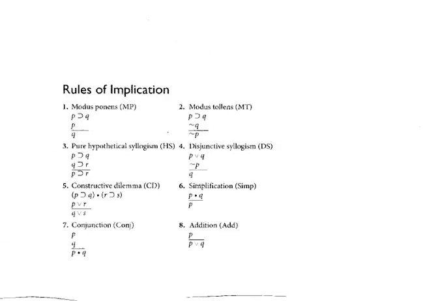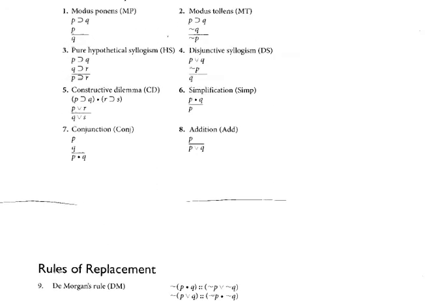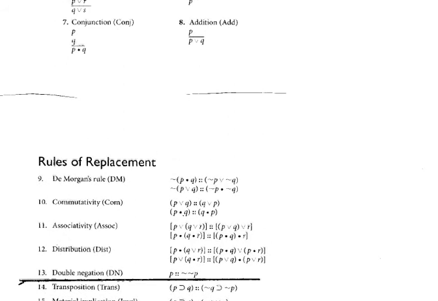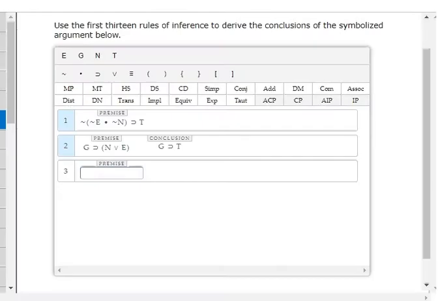With the rules of replacement, you can replace or substitute parts of a proposition. You don't have to apply them to a whole proposition. They can apply to parts, and that's why the idea of substitution is important.